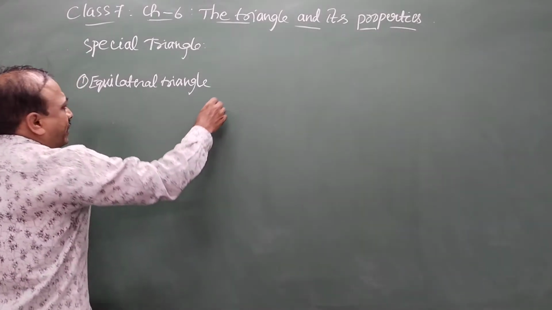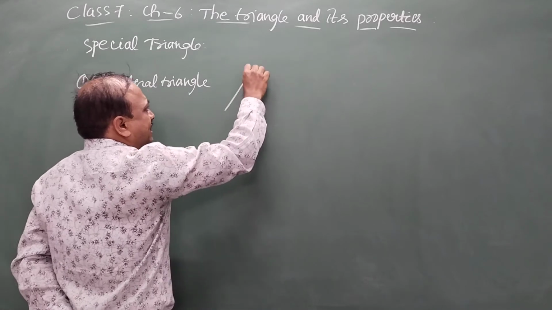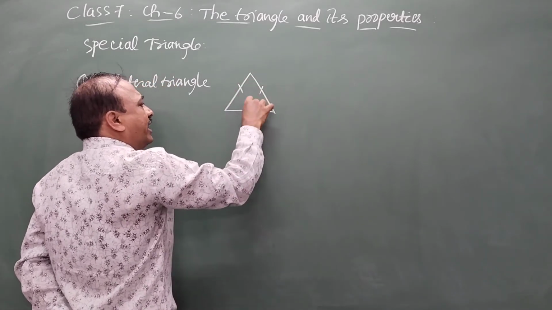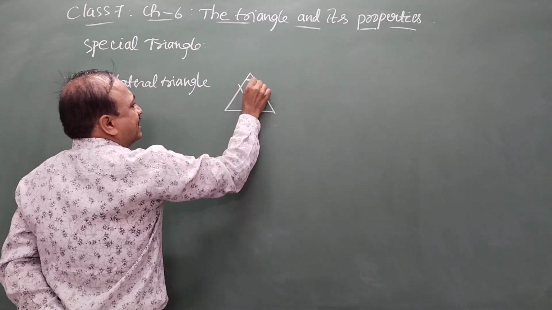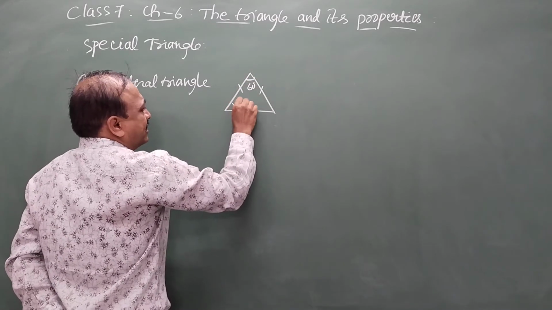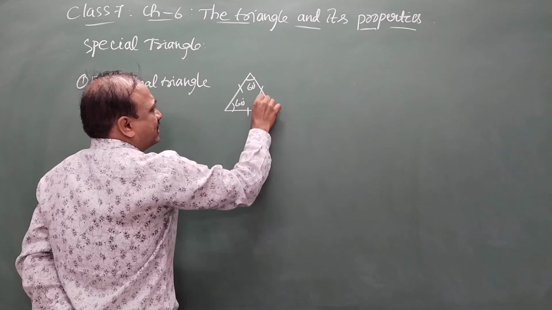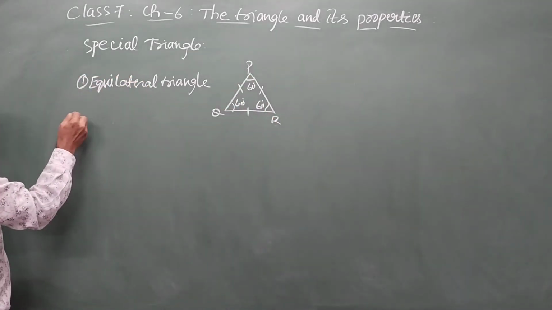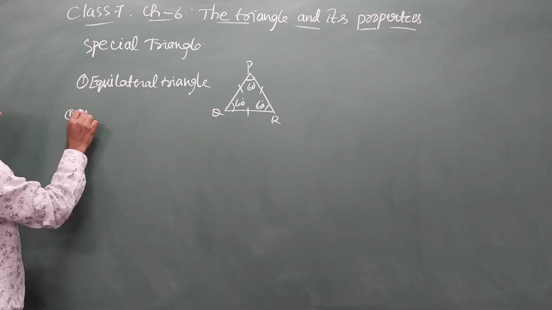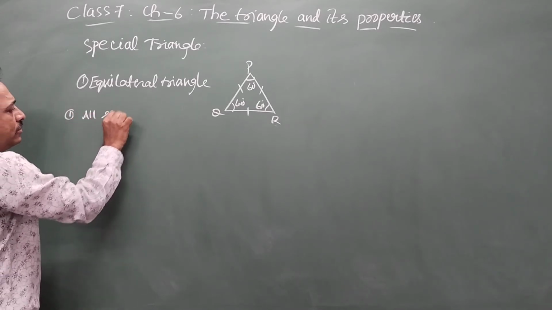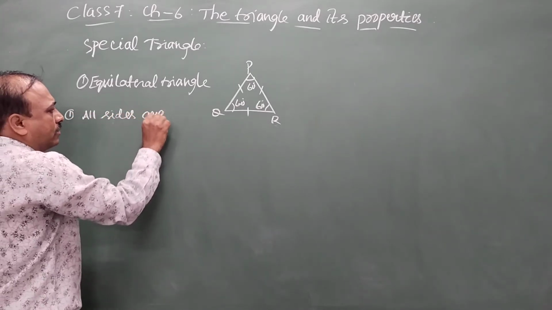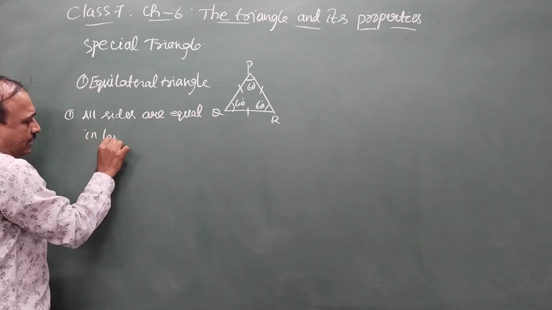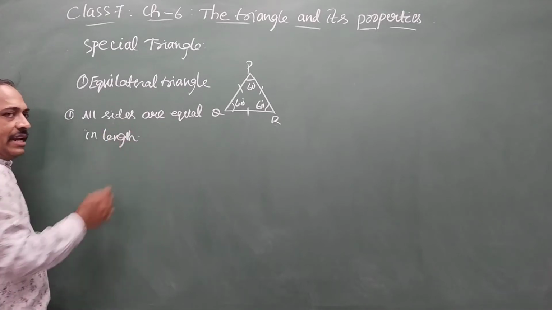So if this is the figure, all three sides are equal and each angle is also equal to 60 degrees. This is 60 degrees. P, Q, R. So in this, the first property is that all sides are equal in length.